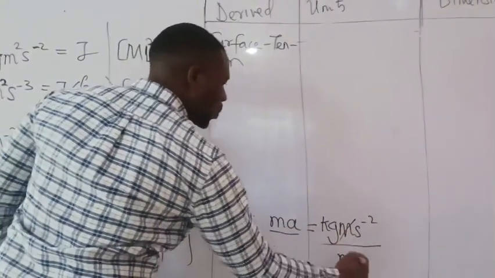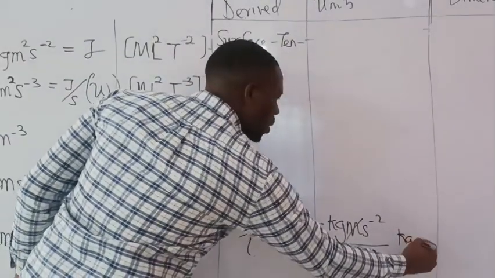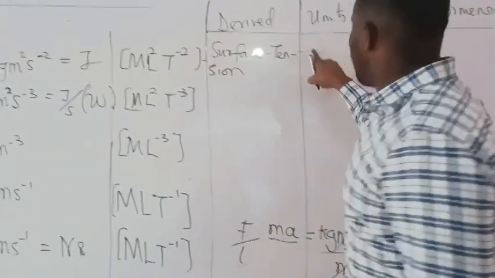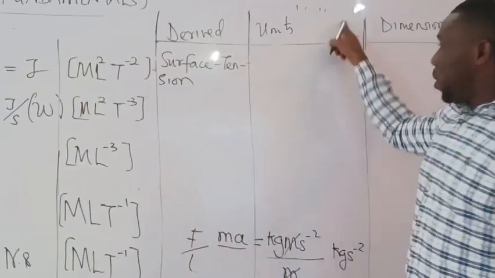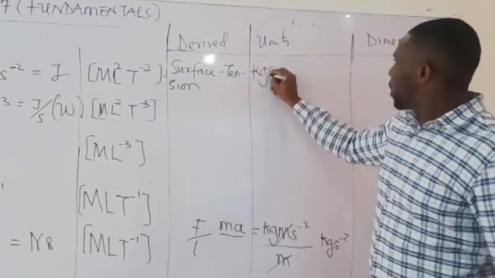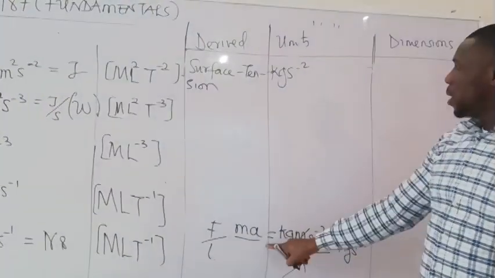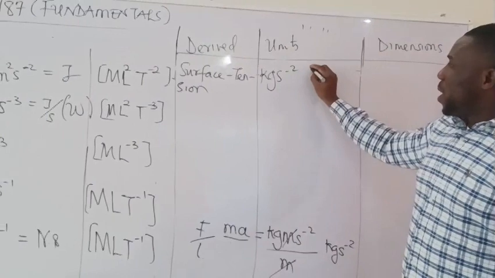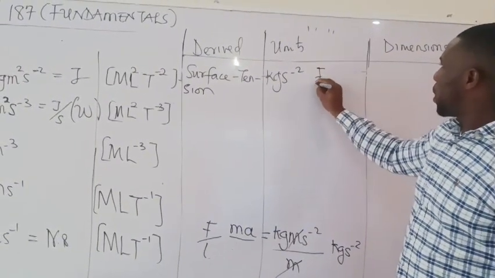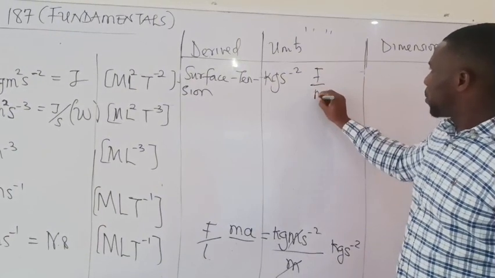So I lose the meter, and we are left with kilogram per second squared. So surface tension, when expressed in terms of its equivalent SI units, would be kilogram per second squared. Or, if given in terms of its derived unit, it is the same as force per meter.